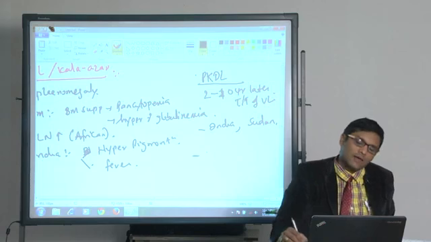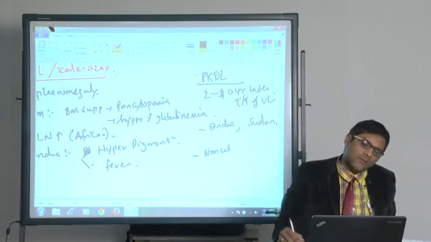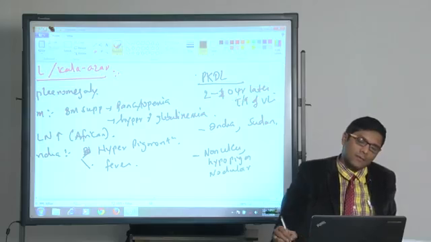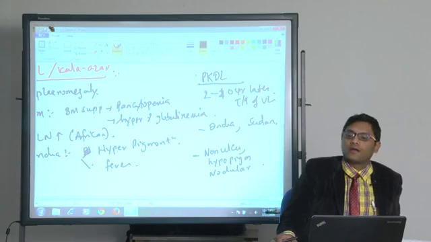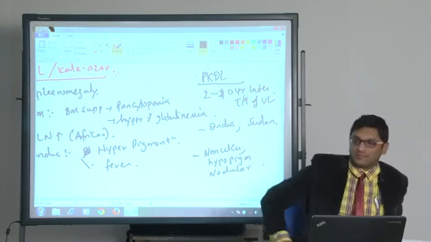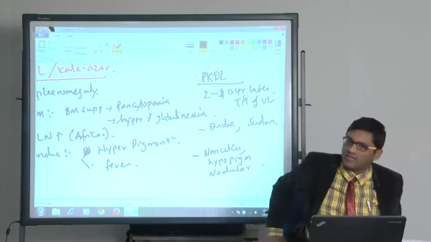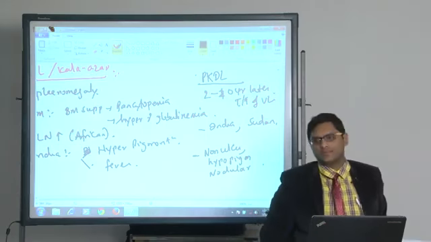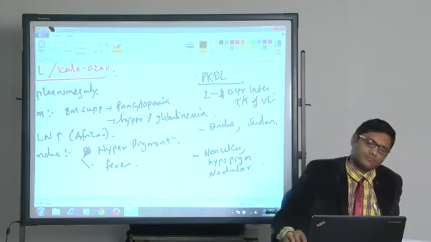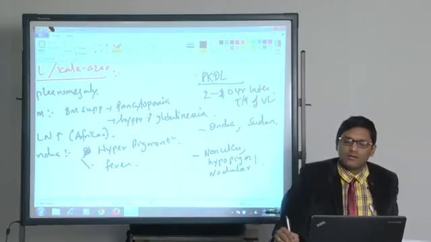The lesions are usually non-ulcerative, hypopigmented, nodular lesions. This is the description of PKDL lesions. We should not be confused with the hyperpigmentation of Kala-azar. In Kala-azar you will have hyperpigmentation; here it is hypopigmented, non-ulcerative, nodular lesion.